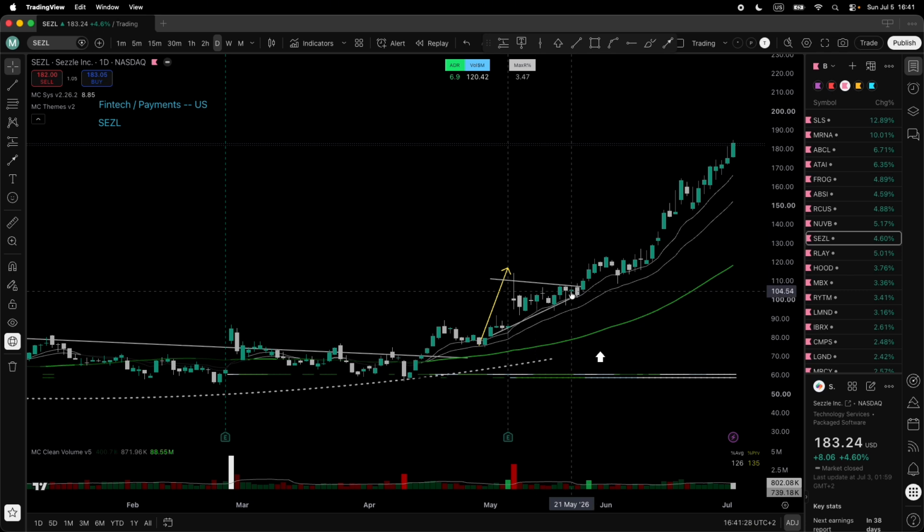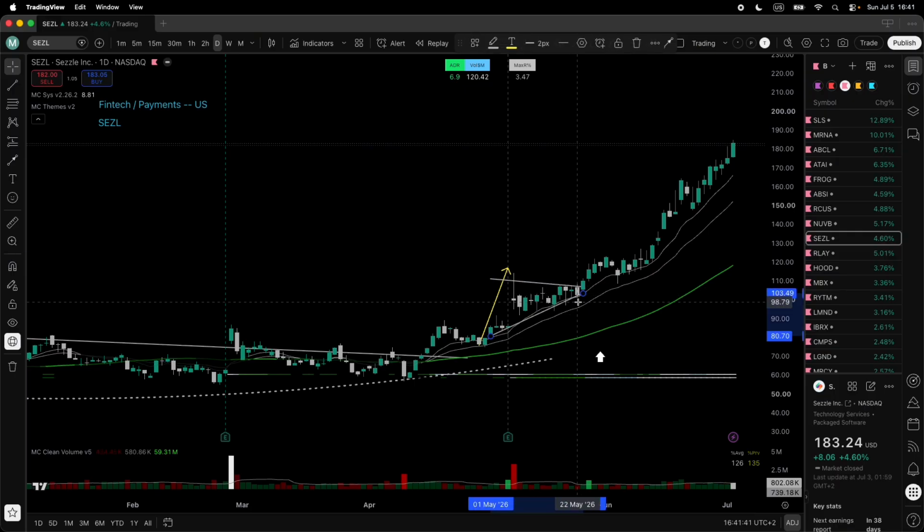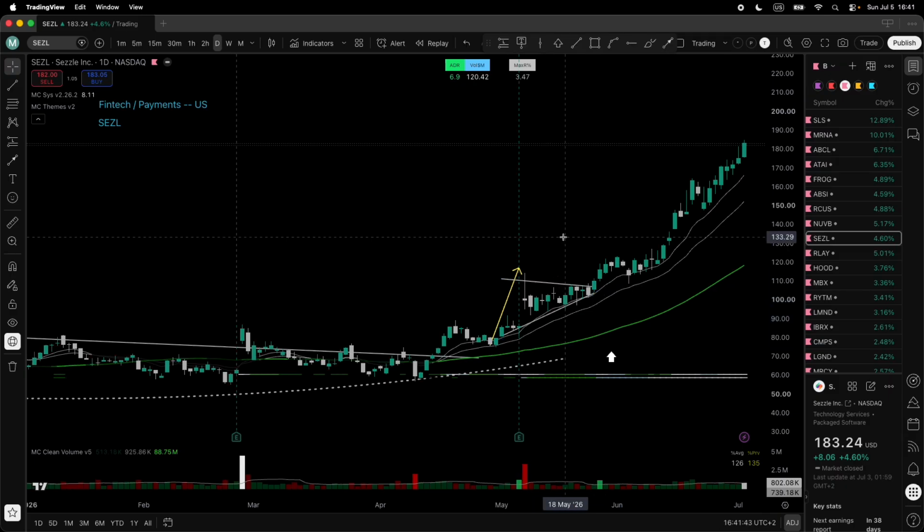Okay, so the smaller the candle and the smaller the body of the candle, the better it is. In this case, it put in a red or black candle the following day, and then broke out from that tight range on this day.